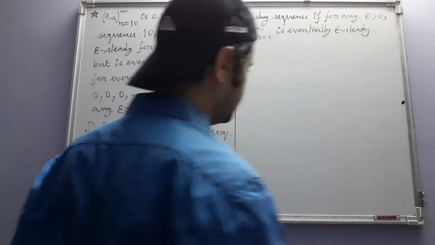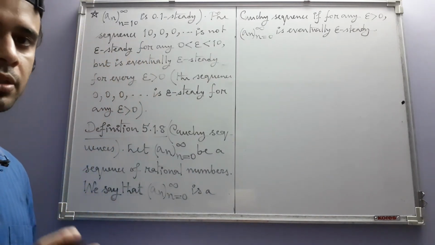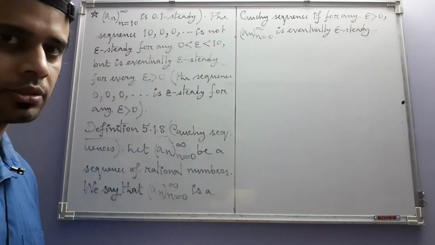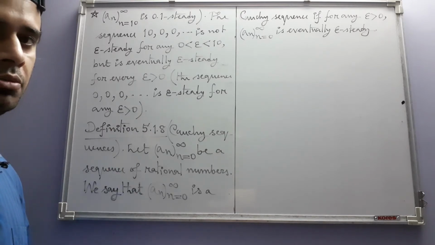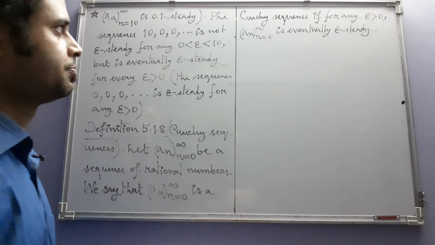So just like we used the notion of epsilon steadiness to define eventual epsilon steadiness, we are now defining a Cauchy sequence using eventual epsilon steadiness.